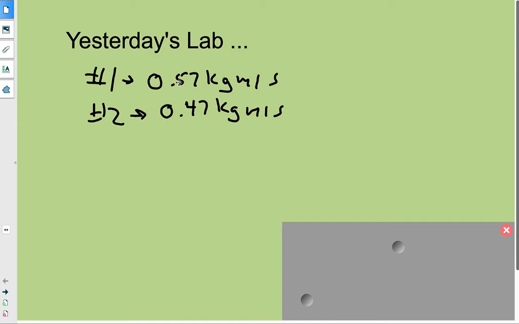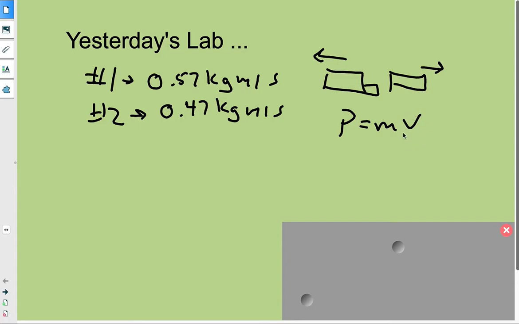So if you look at the video, we had the cart with the piston. The cart with the piston moved to the left, and the other cart moved to the right. Now remember, momentum is mass times velocity. Is velocity a vector or a scalar?